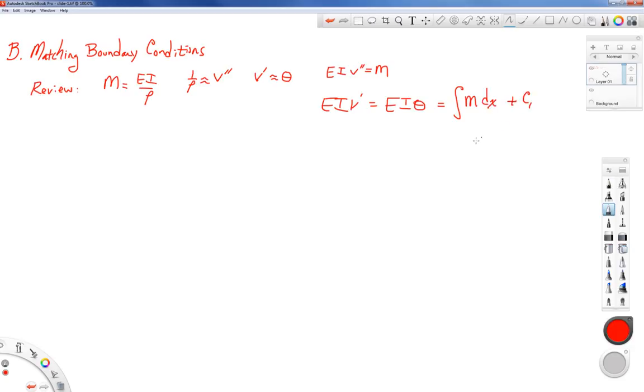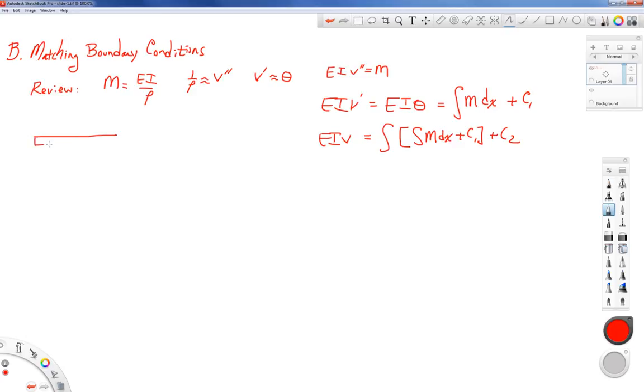As an indefinite integral, that gives us one constant of integration. And when we integrate it again, we have the deflection v, which is the integral of what we had previously, with a second constant of integration. And the constants of integration come from the boundary conditions of our beam.